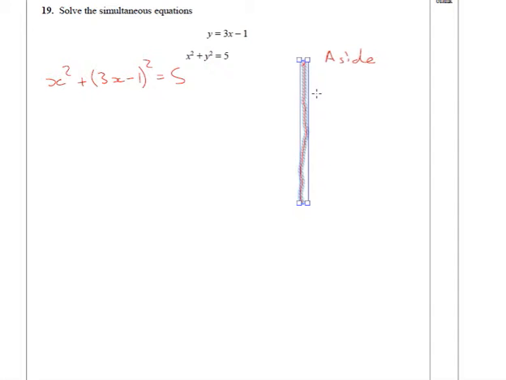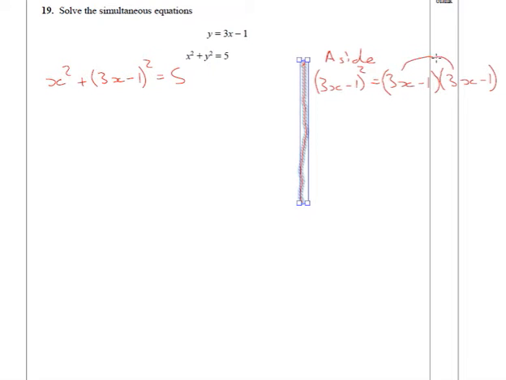So (3x minus 1) squared. To square this is not just 3x squared and minus 1 squared. It's 3x minus 1 times by 3x minus 1.